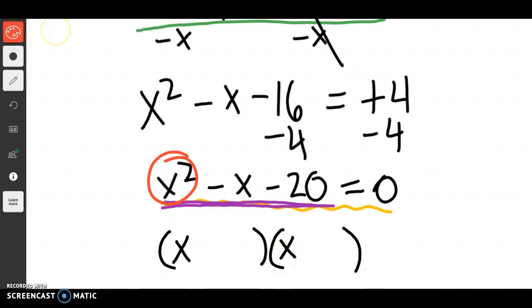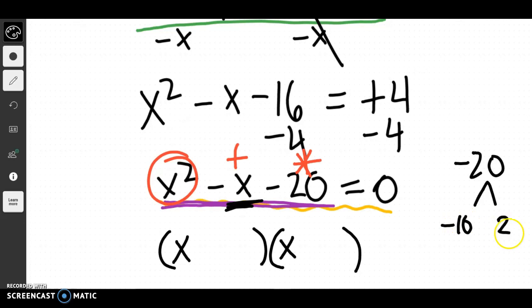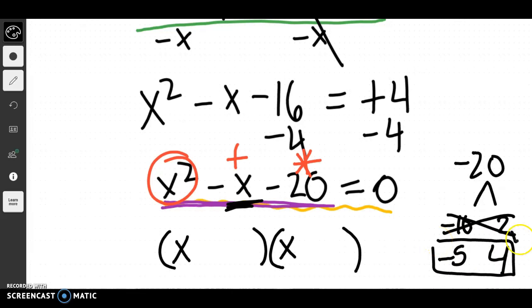And then it becomes what multiplies together to give you this, but adds together to give you this. So you take negative 20 off to the side, and then you try to think of factors that multiply together to give you negative 20. So you could try negative 10 and 2, but that's not going to work because that would add to negative 8. Or you could try negative 5 and 4, and negative 4 and 5 would work because that would add up to get you 1.